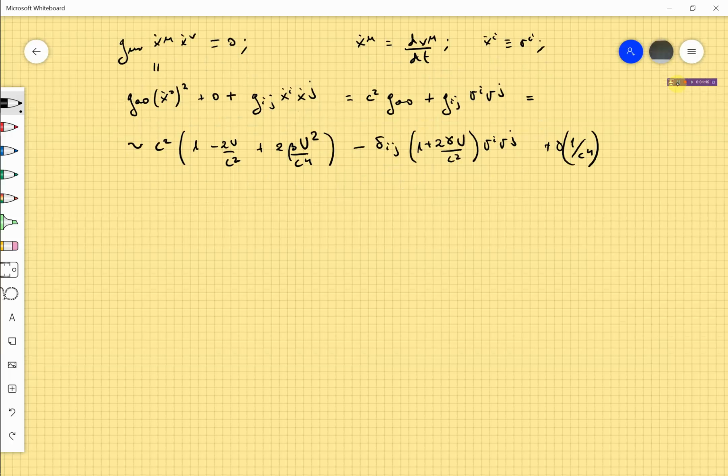Here I have already used this static spherically symmetric field. We know that it is like that, otherwise there would be more parameters and other gravitational potentials.